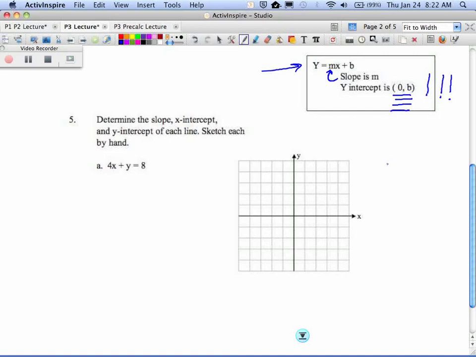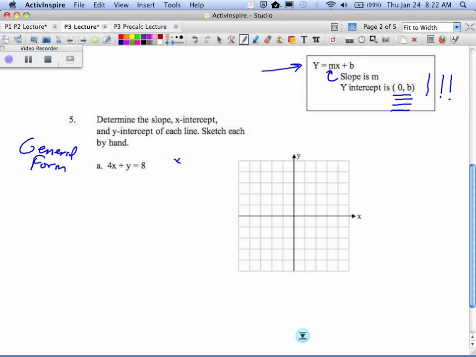One of the easiest ways to work with equations, and this is what's called general form, we'll talk more about that. But we like it when it's in this form because we can find intercepts very quickly. So what we're going to do is make an XY table.